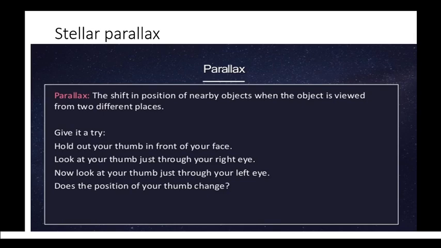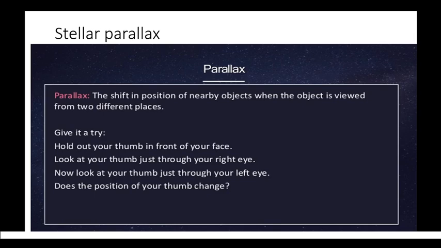Hold your thumb in front of your face. Now close one eye and look at your thumb using your right eye. So you can see your thumb, isn't it? Now close the right eye and look at your thumb using your left eye. See, does the position of your thumb change?